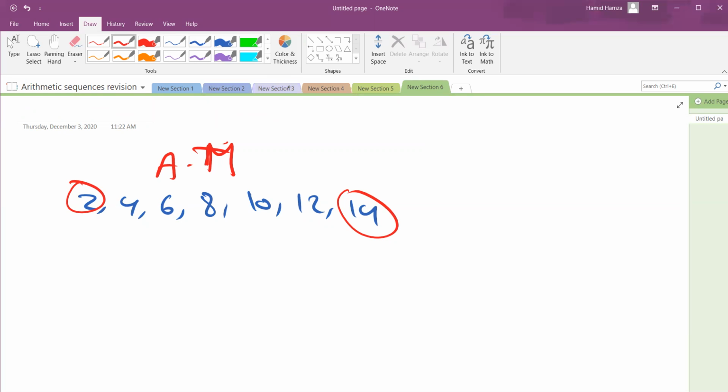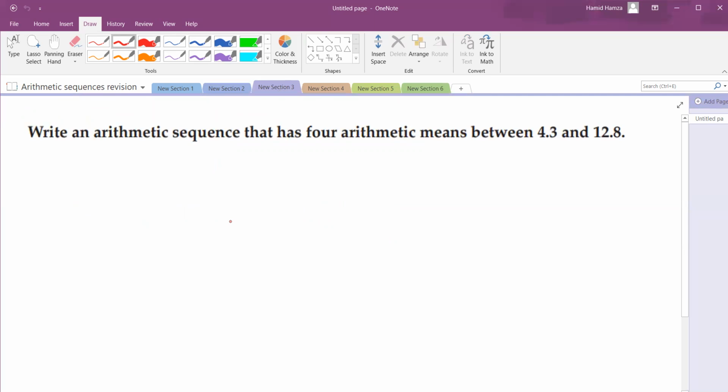So how to insert arithmetic means between these? In this case, this number will represent the first term, and we wanted to insert 4 terms. That means 1, 2, 3, 4, and the last term will be 12.